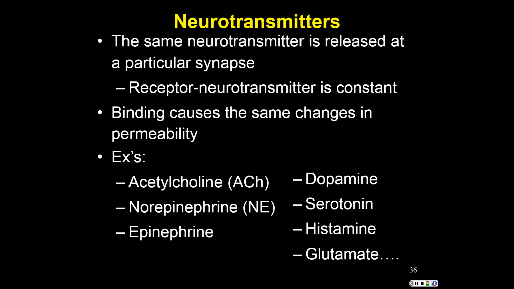You may recall from class on Monday that I have the ellipsis down there following glutamate because this is certainly not an all-inclusive list, and chemicals that aren't classically considered to be neurotransmitters actually have neurotransmitter activity in the brain. But we're going to focus predominantly on acetylcholine, epinephrine, and norepinephrine.